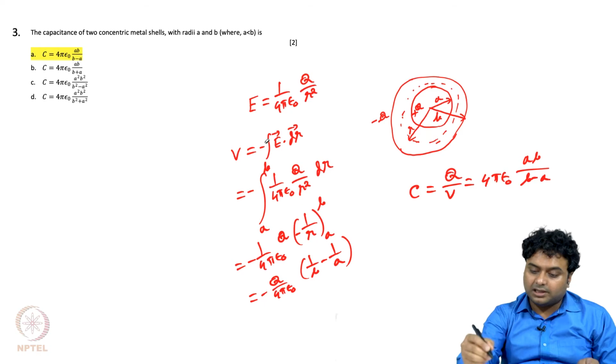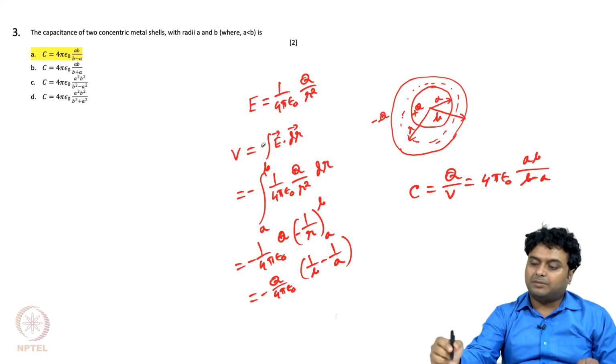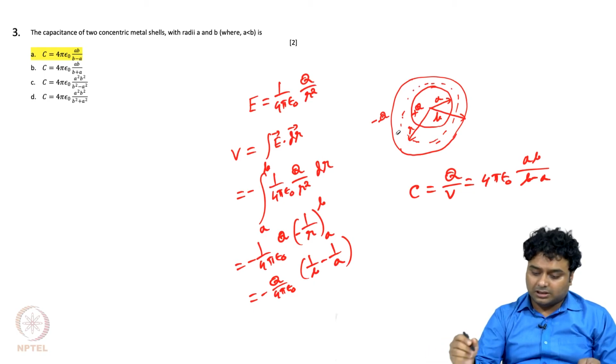Sorry, there is one mistake, that there will be no negative here, because I am taking the charge from the positive side to the negative side. So the electric field is pointing in this direction, right. So it is ultimately pointing in the same direction, so there will be no negative.